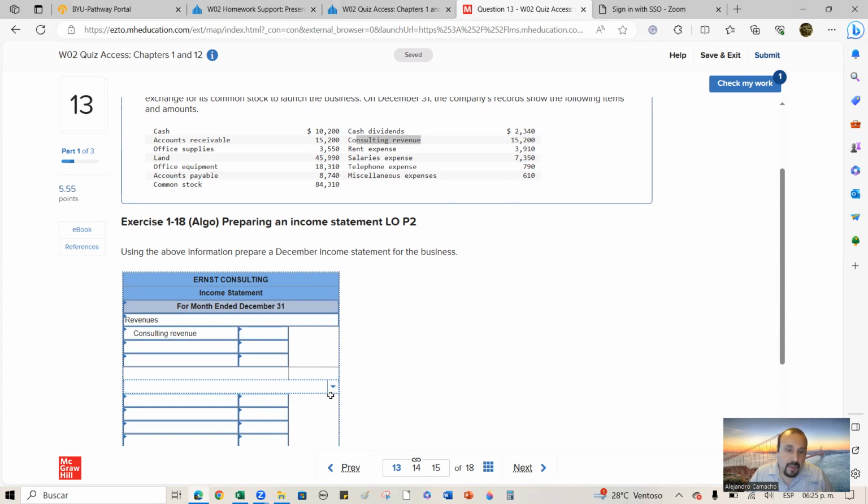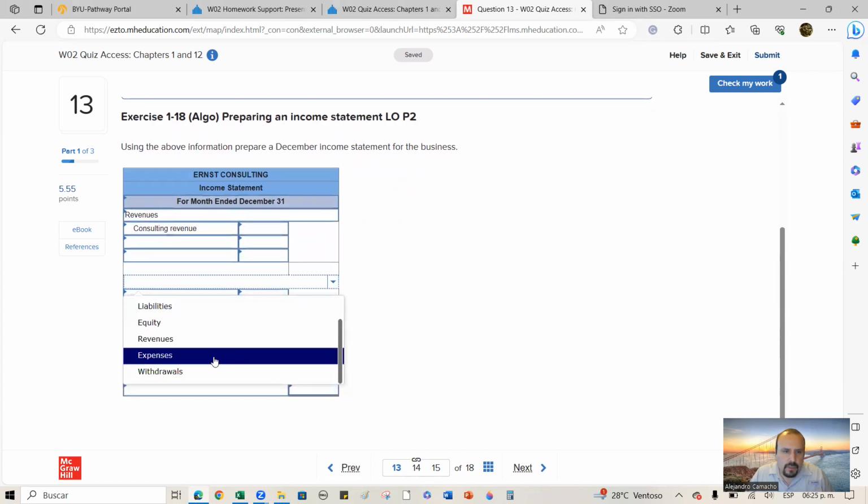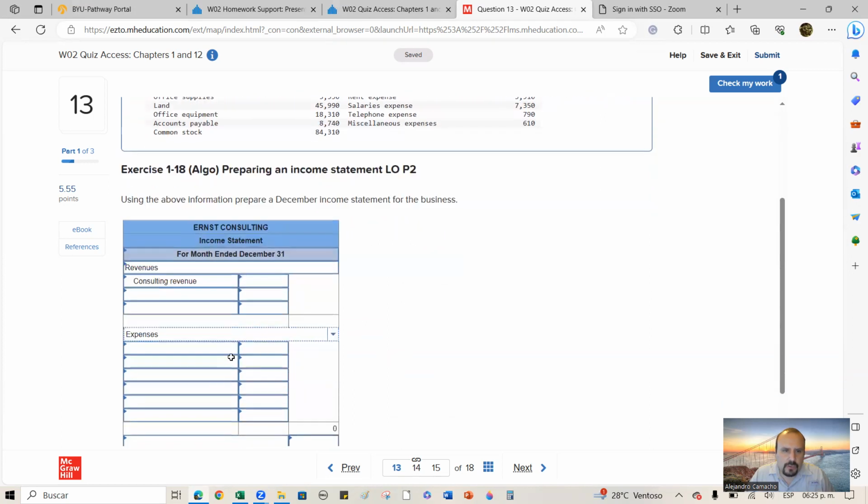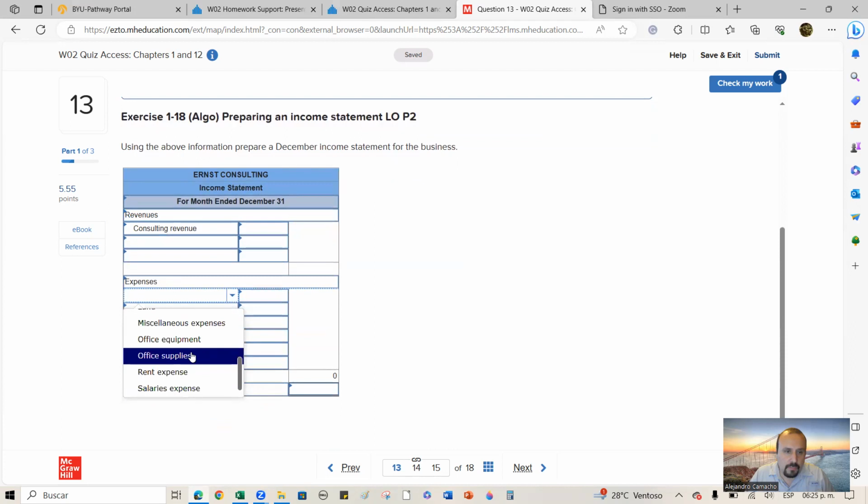I'm sure they are different for each one of us, and now I will list all the different expenses. As we can see here, we have rent expenses, salaries expenses, telephone expenses, and miscellaneous expenses, right? So we have to list them all to summarize them.